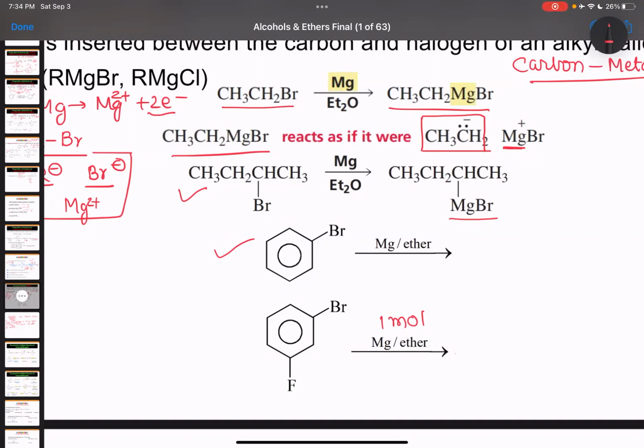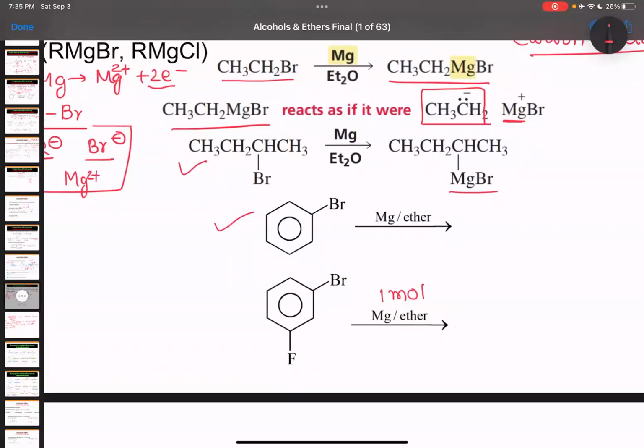Okay, is it clear? Yes, sir. So Br is a bit bigger and it is going to break more easily. So the ease of Grignard formation: we don't prepare Grignard from alkyl fluorides. Then you have RCl, RBr and RI.